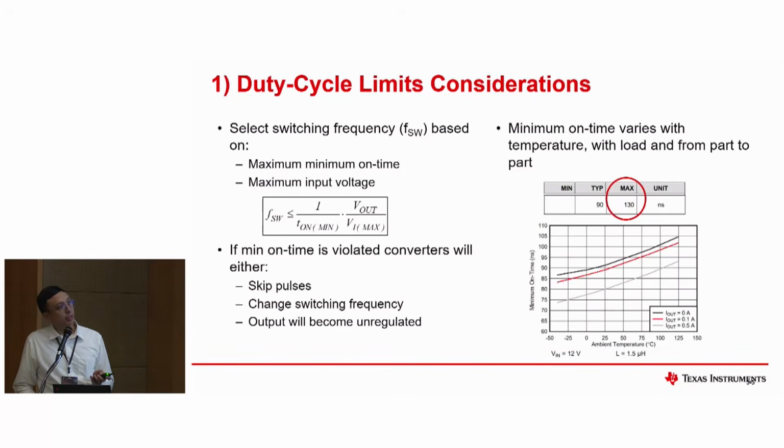This minimum on time is greatly affected by both the input voltage and the ambient temperature. Those are some considerations you should make. If this minimum on time is violated, you could see skipped pulses, a change in the switching frequency, and also the output can become unregulated, as you saw earlier.